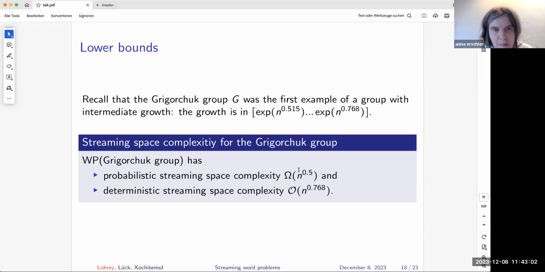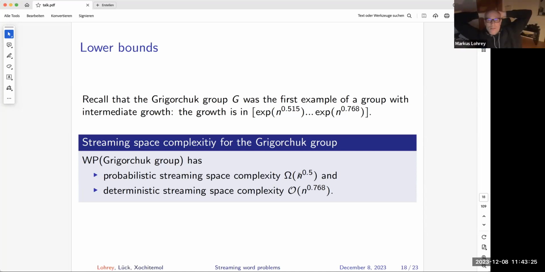And this lower bound, is it true more in general? Under what assumption can you prove it? For example, the general lower bound of Grigorchuk in the 80s, this x^0.5, holds for all residually nilpotent groups.